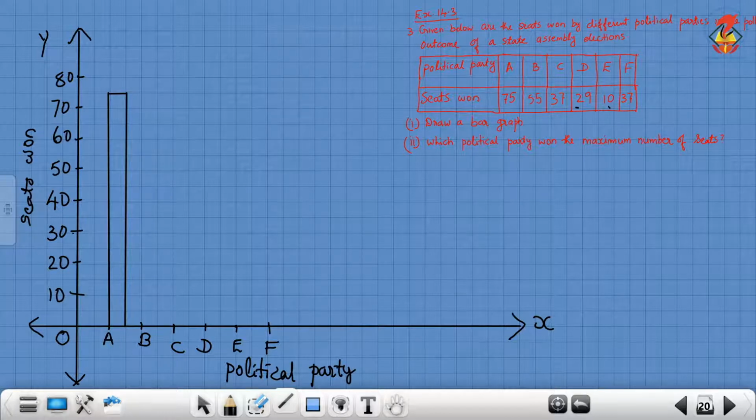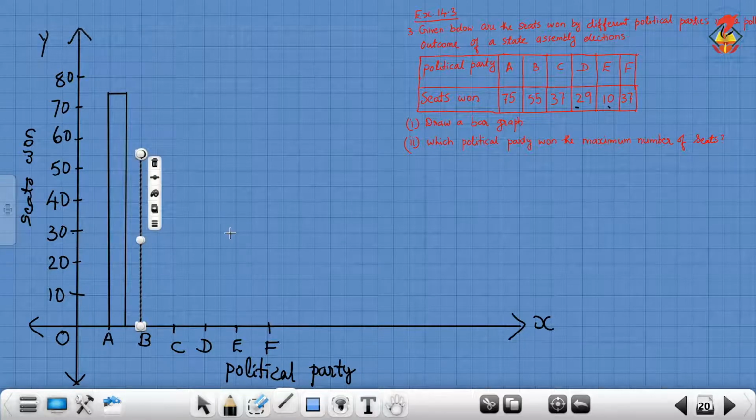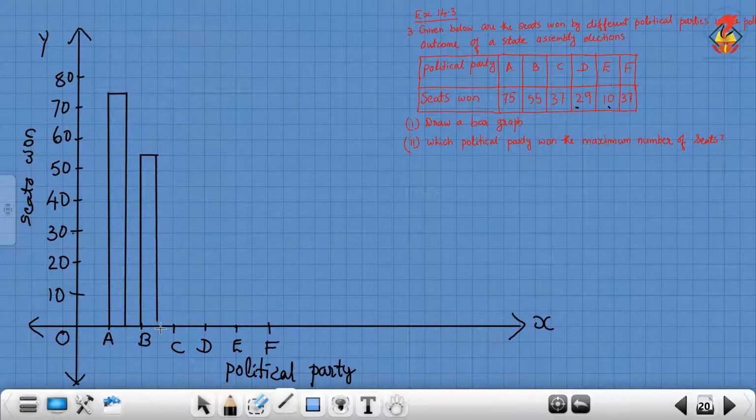B, 55. The bars are of equal width, and then the distance between the bars also should be equal. 55.